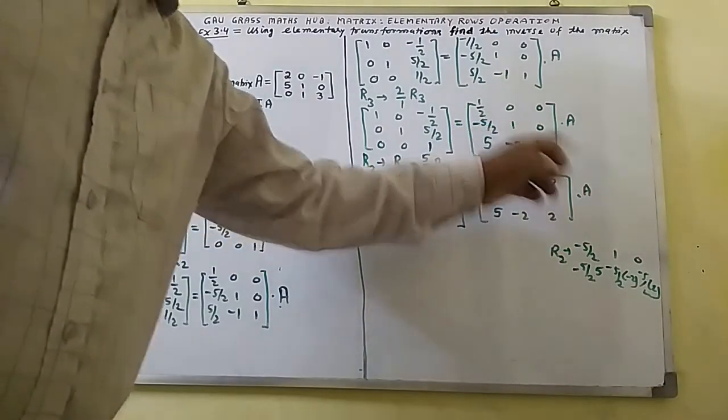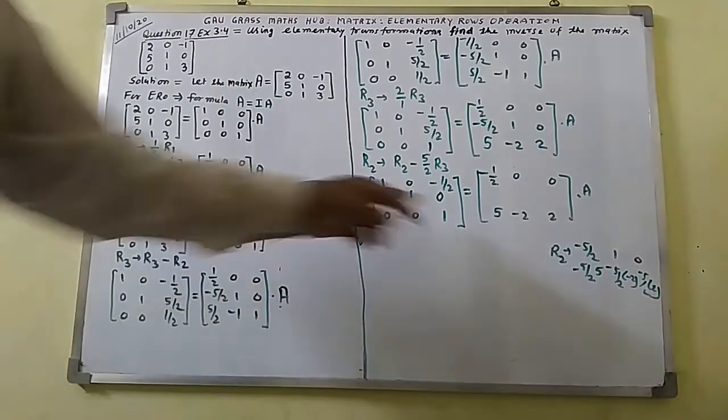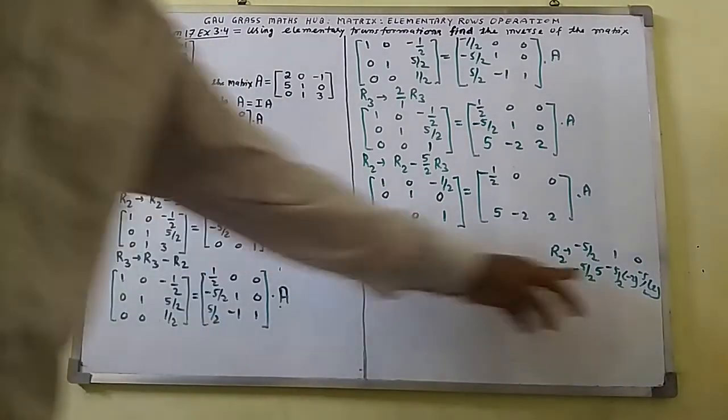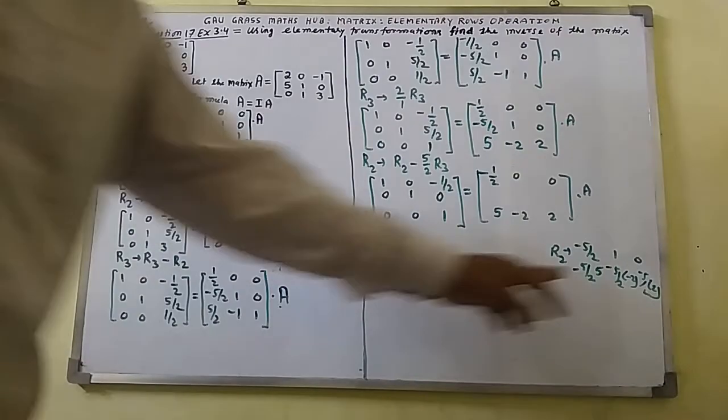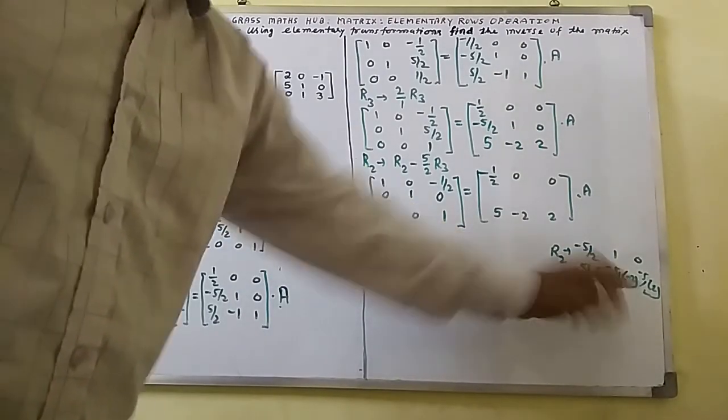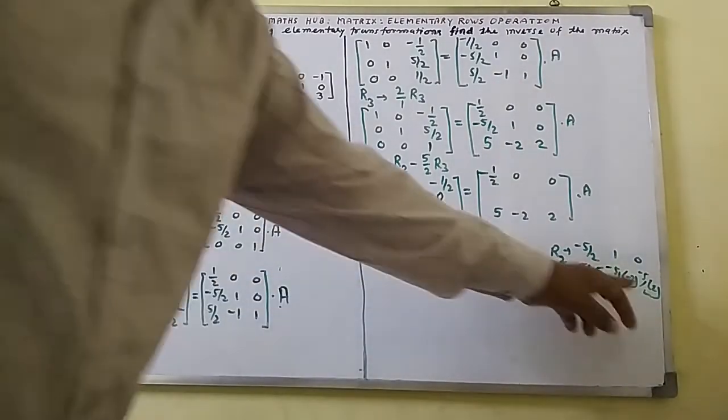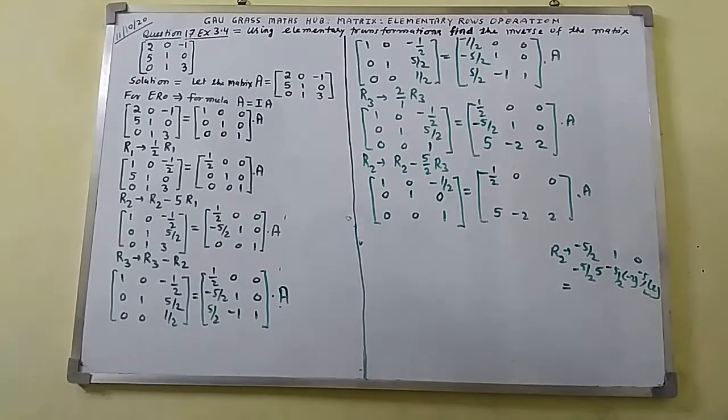Minus 5 by 2, 1, 0. Here minus 5 by 2 times R3, which is 5. Here minus 5 by 2 times R3, which is minus 2. Here minus 5 by 2 times R3, which is 2. So just add that thing here. What value do we get?